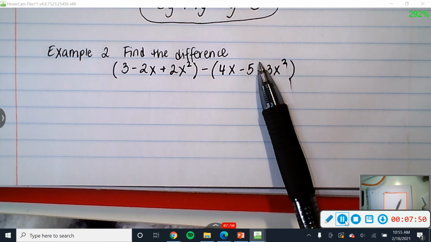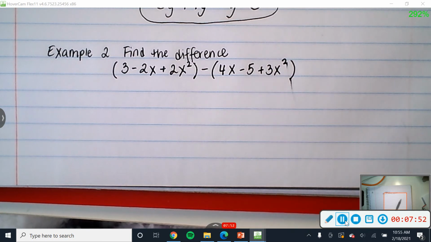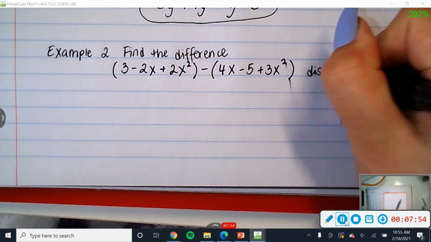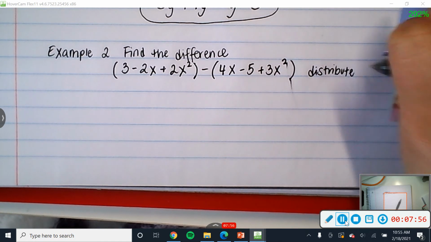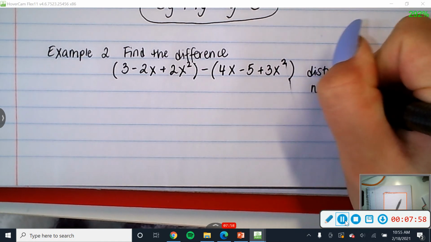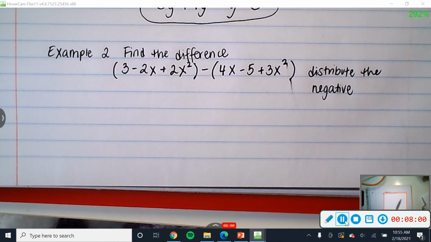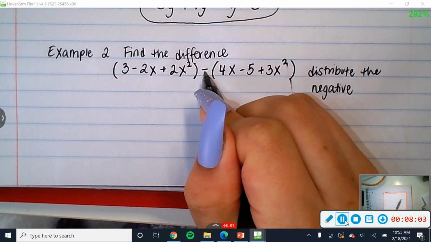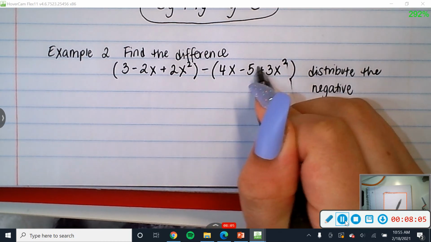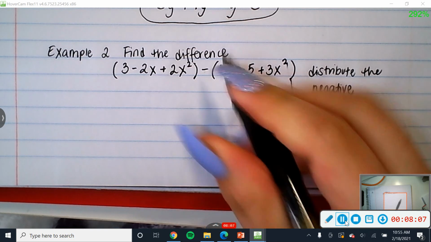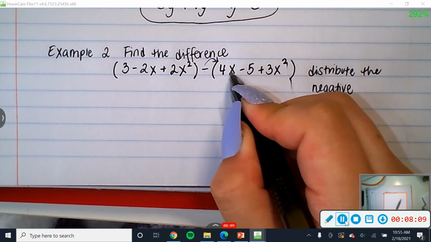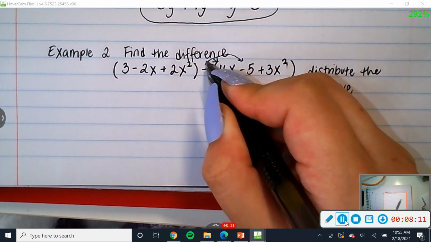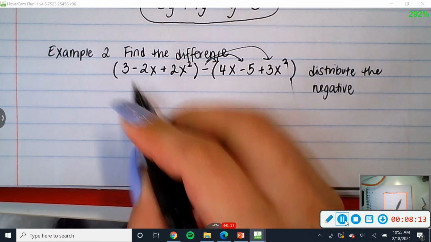And so whenever you're subtracting, you always want to think about distributing the negative first. So distribute the negative sign. So what that means is you want to take this minus sign and multiply this by every single term after it. So we're going to distribute it to each of these 3 terms, and I'm going to rewrite the problem.